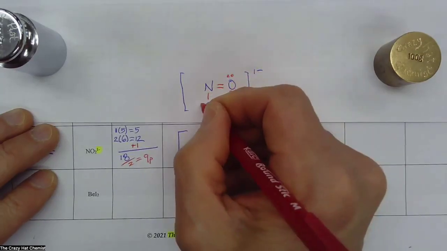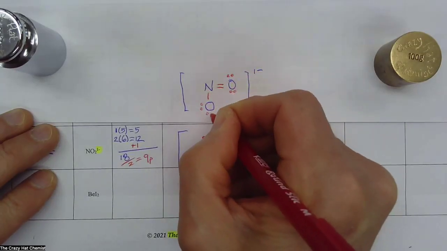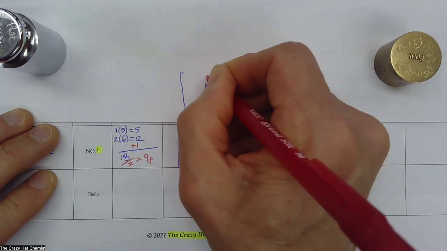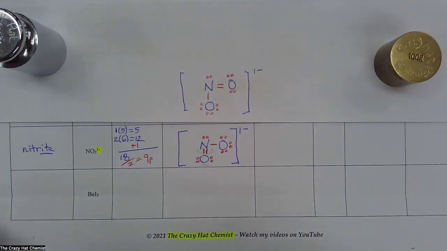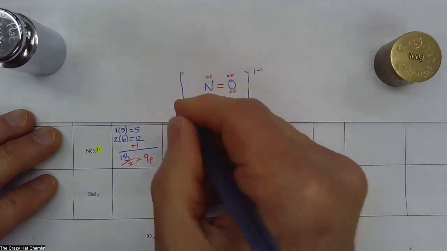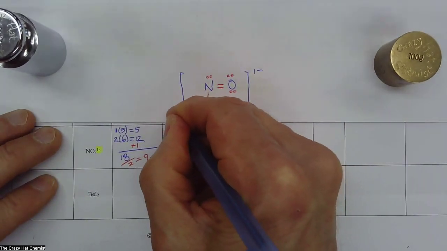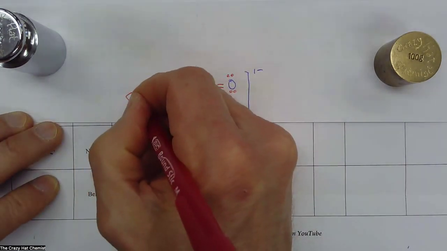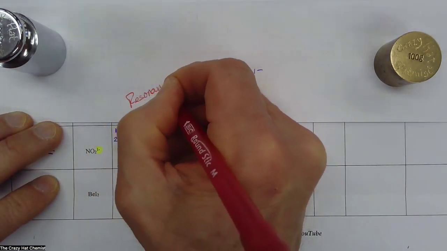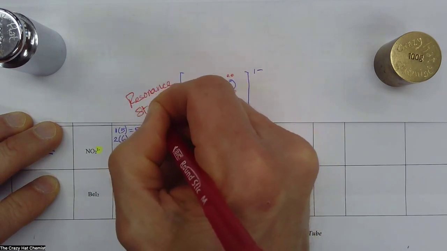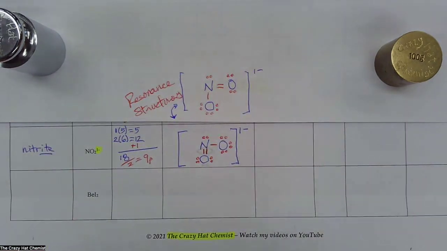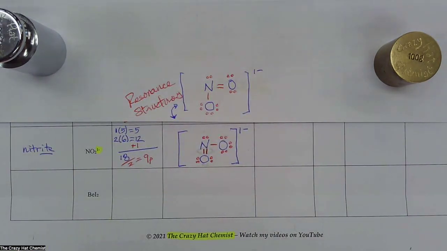On the single bonded oxygen, it will have three sets of lone pairs of electrons, and that nitrogen will still have the lone pair of electrons on it like that. There should be a double-headed arrow in between these two structures here. And again, what are these structures called? Resonance. Resonance structures. Those are very important.